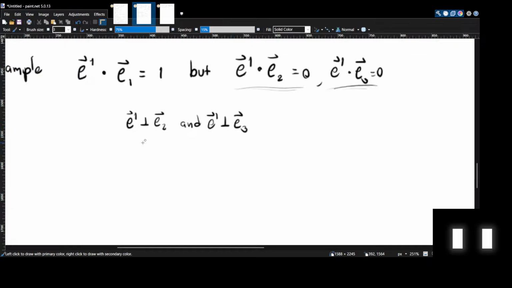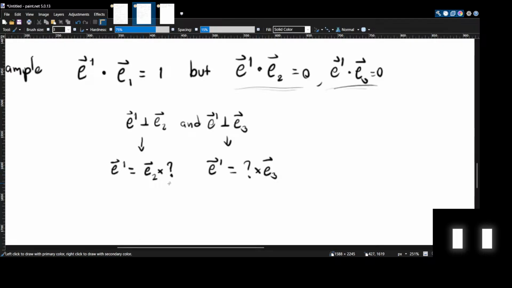This means that there's going to be some vector such that E1 is equal to E2 having a cross product with some unknown vector. And we can also write this such that it will be equal to some vector having a cross product with E3.